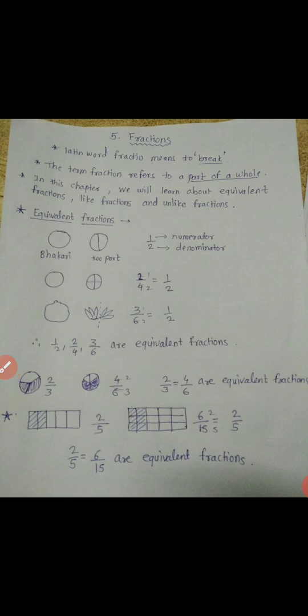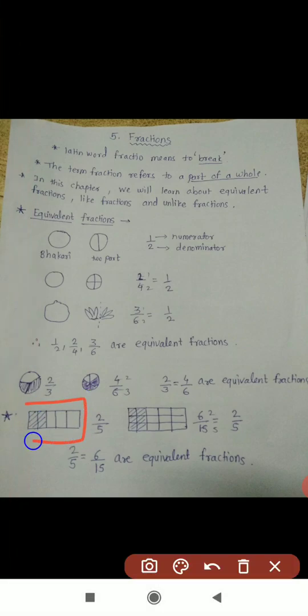Again another example here. See that third one. Here we have 5 parts, and from that 2 parts are shaded. See here the shaded part is upside, and how many parts are there? 5 parts. Again in that box, if you make a horizontal line to that, we get 15 parts, and in that 6 parts are the shaded box.